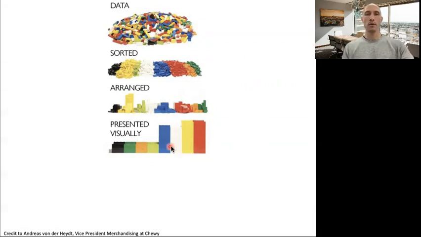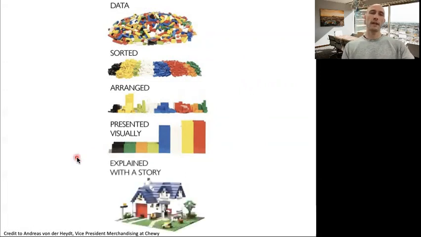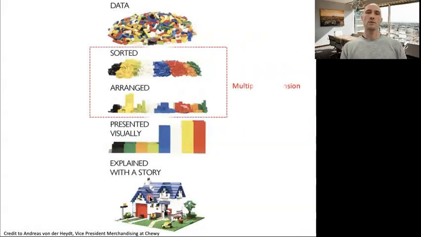white than blue. But what Hyperion IMC allows you is to go one step further, and that is to explain all this data with a story. So now you know that you don't only have, let's say, a determined amount of blue. You know that the blue here are the roof of the house. So you put all this data in context.